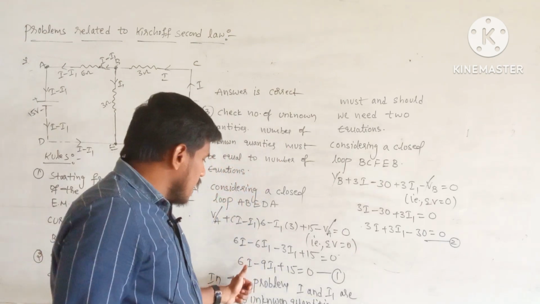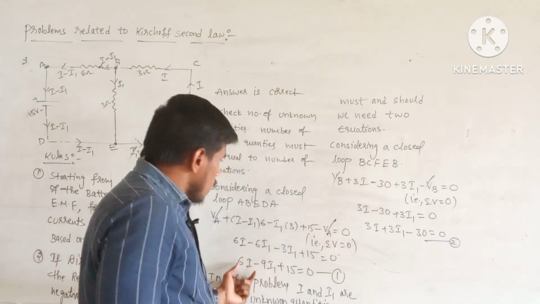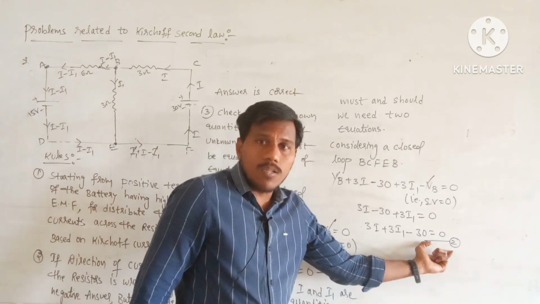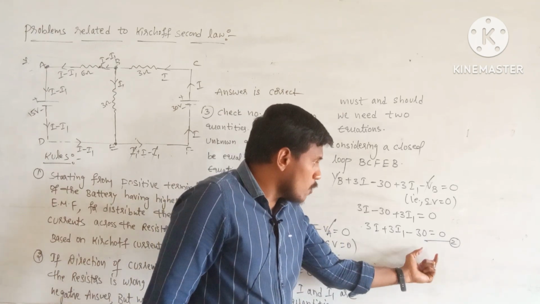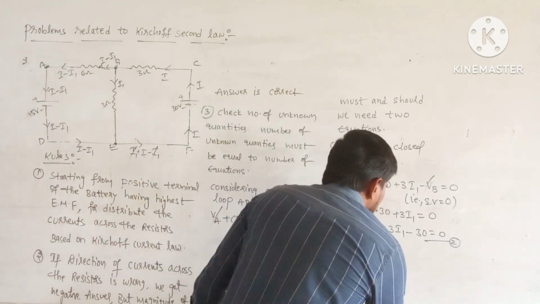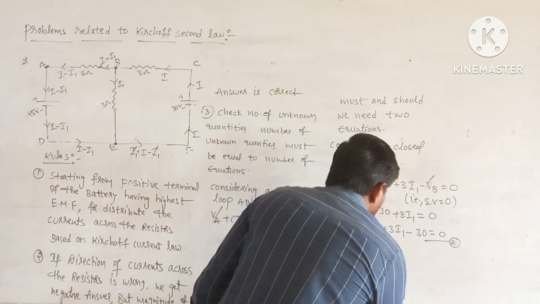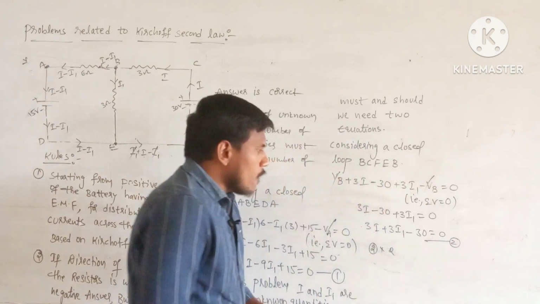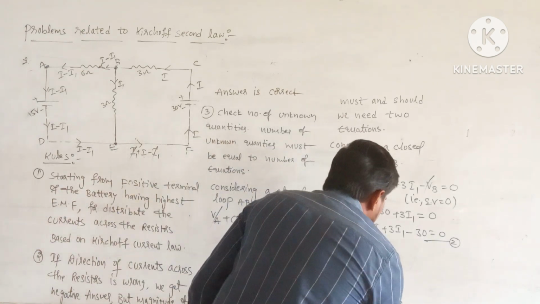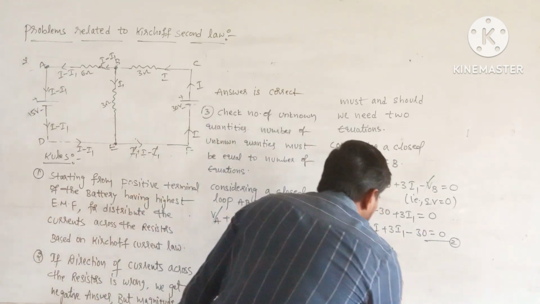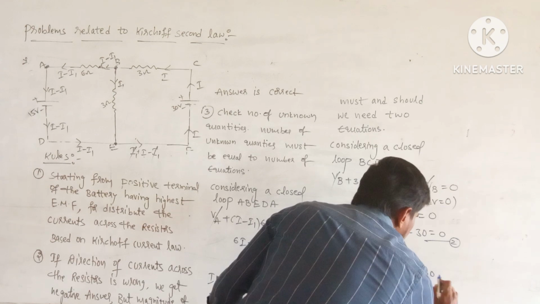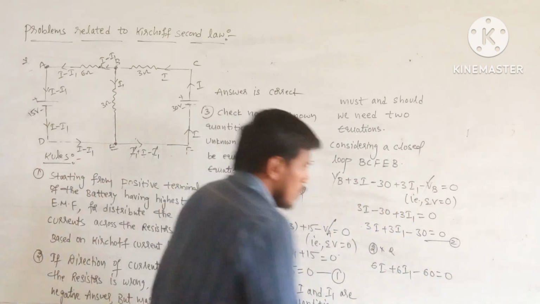If we want to cancel this 6I, definitely we multiply equation 2 with 2. After multiplying equation 2 with 2, what do we get? 6I plus 6I1 minus 60 equals 0. This is equation 3.